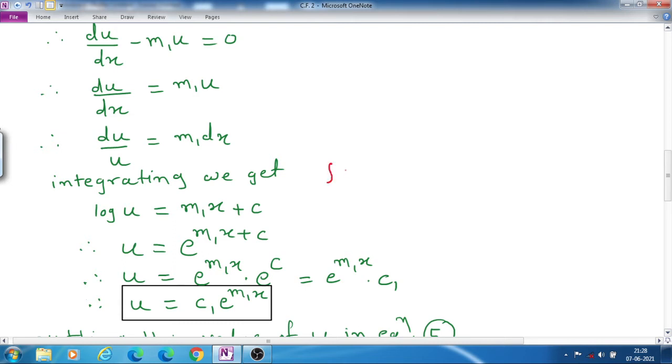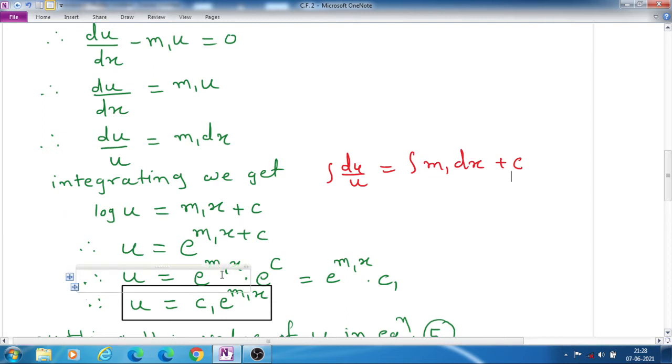Integrating, we get integral du upon u is equal to integral m1 dx plus constant of integration. This integral du upon u is log u, and integral m1 dx means m1 is constant, integral dx is x plus c.